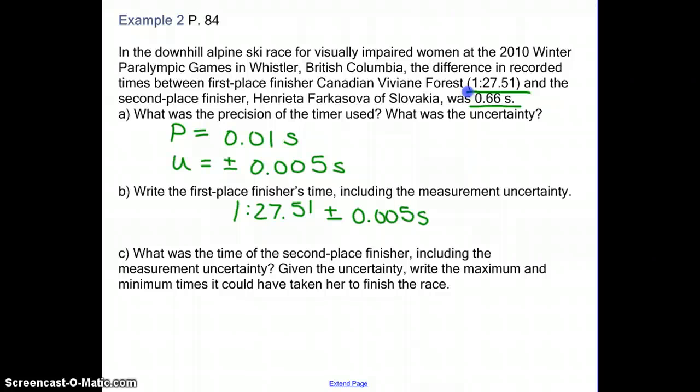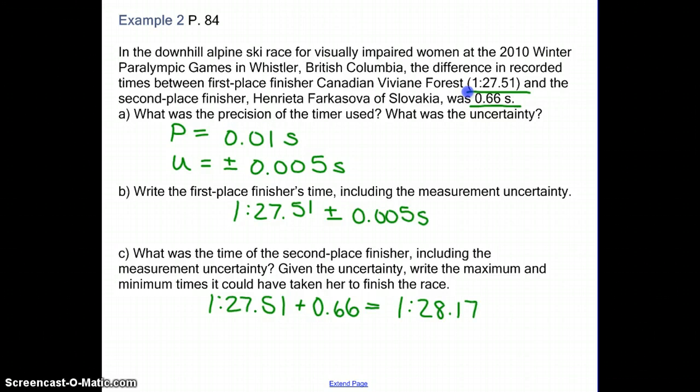Okay, so remember that if we are doing two different calculations, we have to include two different uncertainty amounts. So if we have 1 minute 27.51 was the first place finisher, and this person was 0.66 seconds more than that because she finished with a slower time, then we add those two numbers together to get a total time of 1 minute 28.17 seconds.